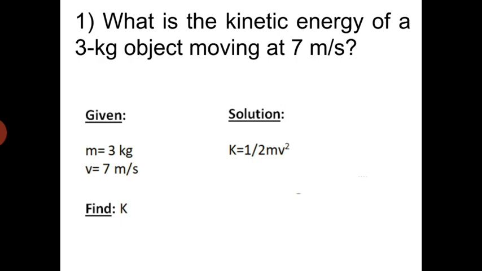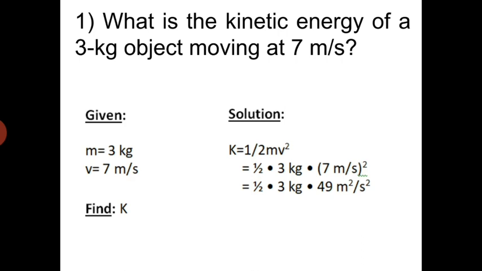The formula for kinetic energy is K is equal to 1/2 mv squared. Let's substitute the given: 1/2 times the mass of 3 kilograms times the speed of 7 meters per second raised to the power of 2. First, let us get the second power of 7 meters per second. We have 49 meters squared per second squared. Let's combine everything. We will get 73.5 joules.